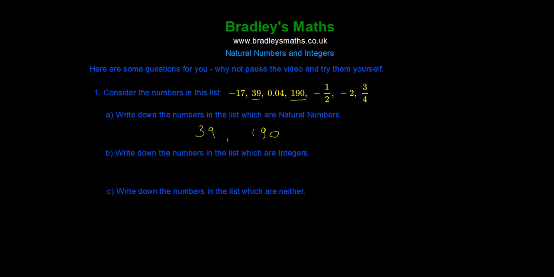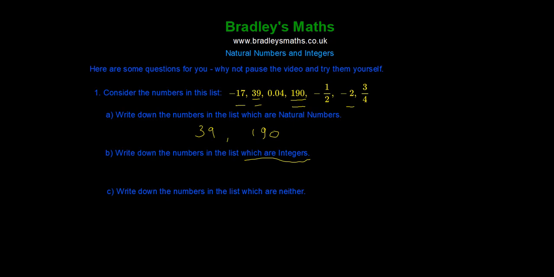We have negative 17, 39, 190, and negative 2. Remember the caution from the last screen that we had. If you're asked to write down the numbers in the list which are integers, you must include the natural numbers.